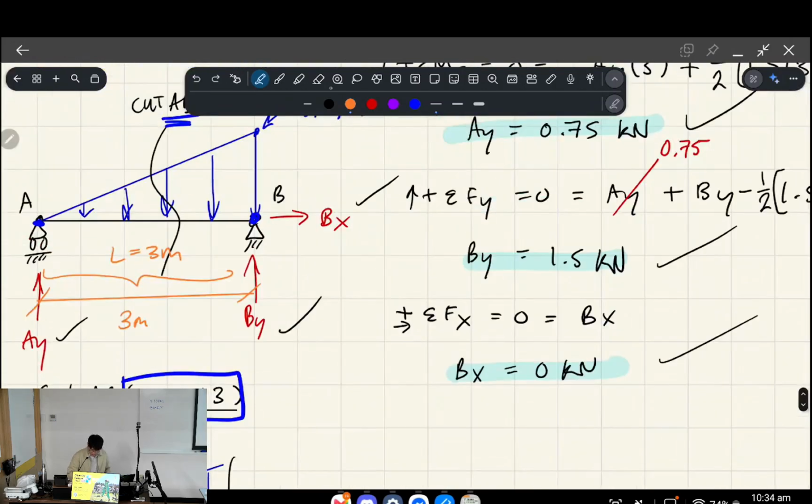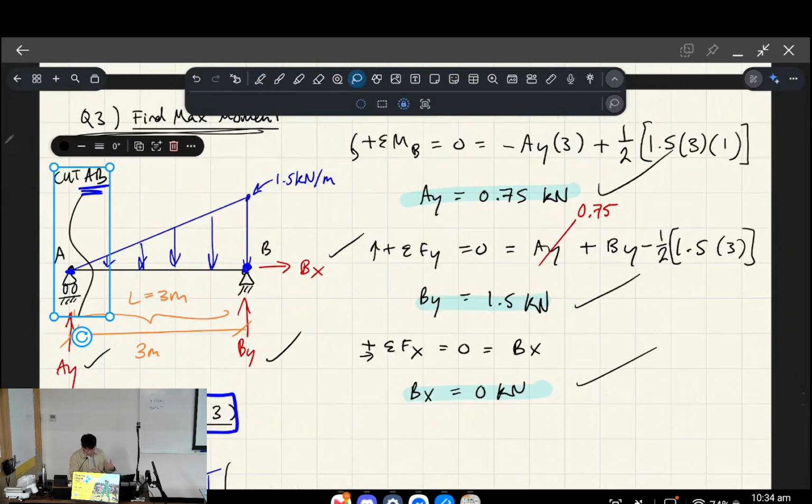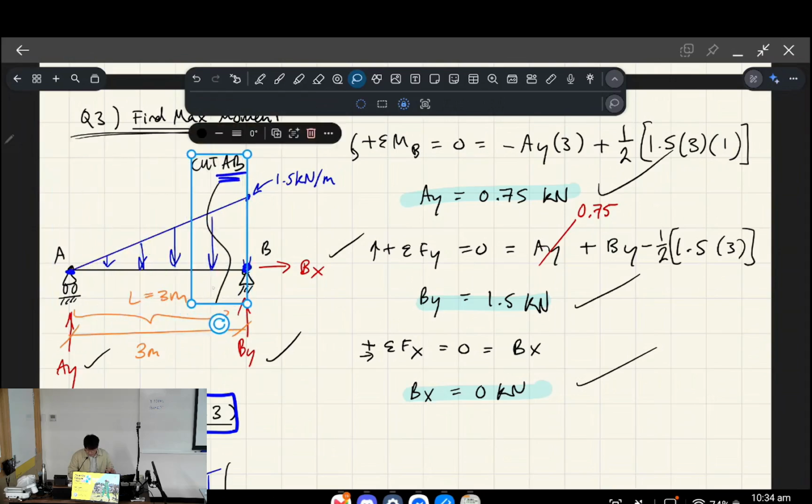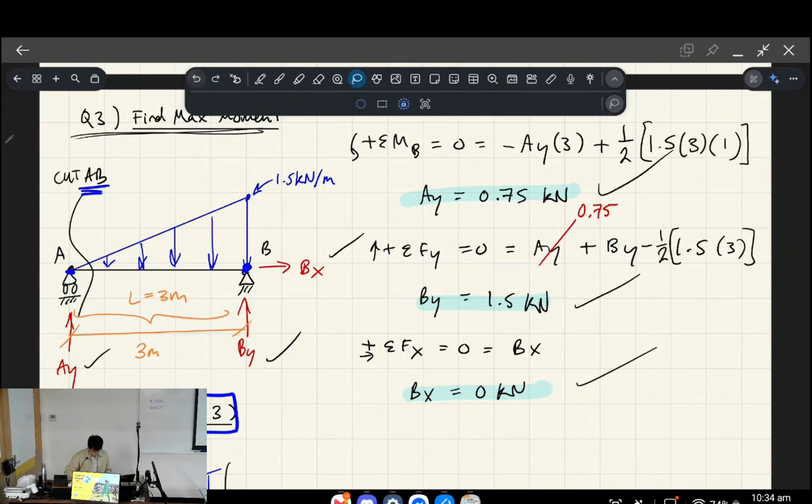So this is a moving distance. Cut AB is over here when X is a small number, and when X approaches 3, it's over here or something. And we need a function of X that describes every point, okay?